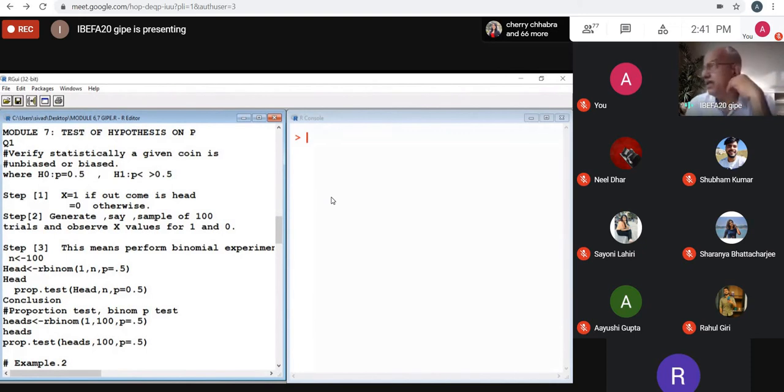I convert this into statistical problem. Step number 1. Define X as 1 if the outcome is head, 0 otherwise. Step 2. Generate 100 observations of X. Or binom.